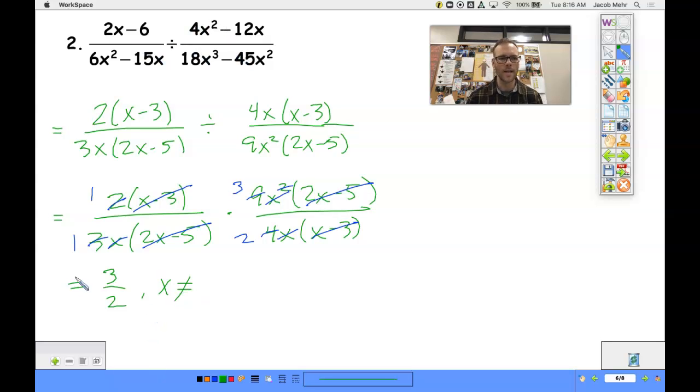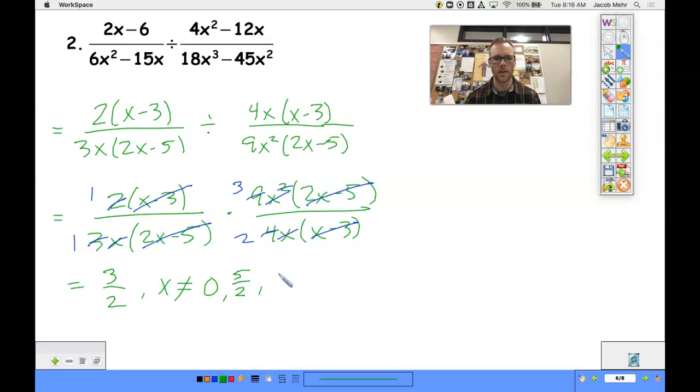Okay? This is not equal to that because in the original, what can't x equal? Well, I know x can't equal 0. In the original, I know x can't equal 5 over 2. I know 0, already have it. 5 over 2, I already have it. But also there's a couple other values that x can't equal because when we flip this fraction on the second one, dividing is the same as multiplying by the reciprocal, we also end up with a new denominator where x can't equal 0 and x can't equal 3.